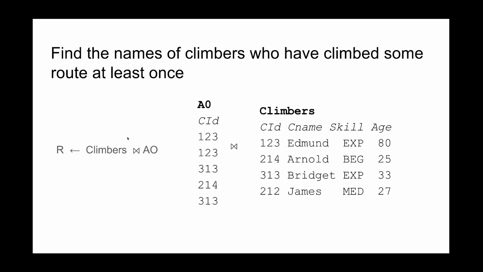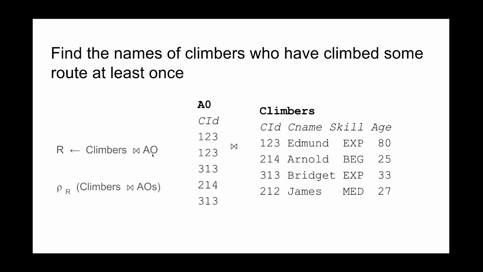To find the names, we need to pick A0, we need to go to the table climbers, and we need to select the name and maybe other things from this table, for every one that is in A0. This is done with the natural join. CID has the same name in both places, so we're going to do this natural join.